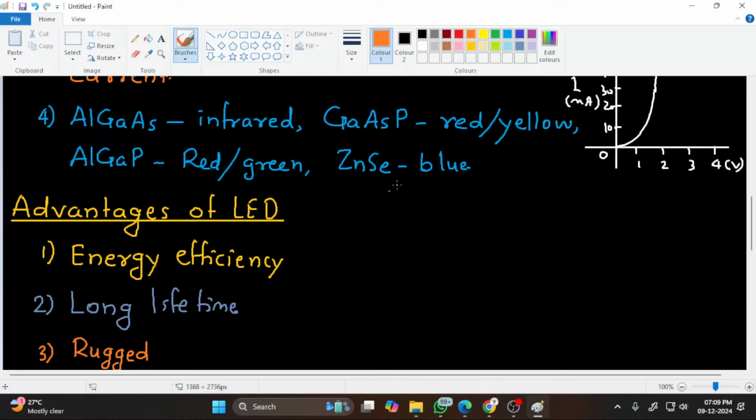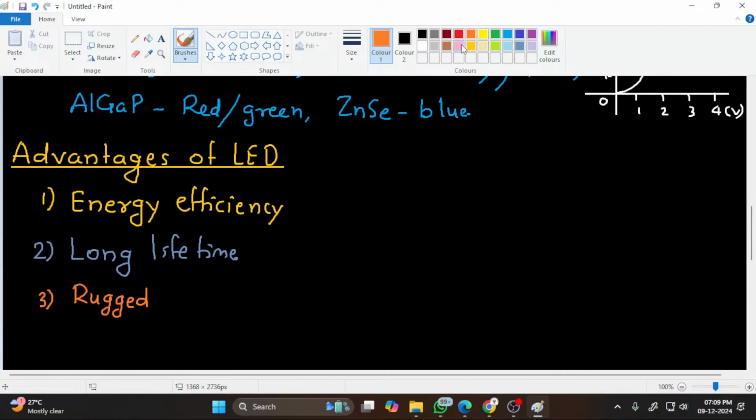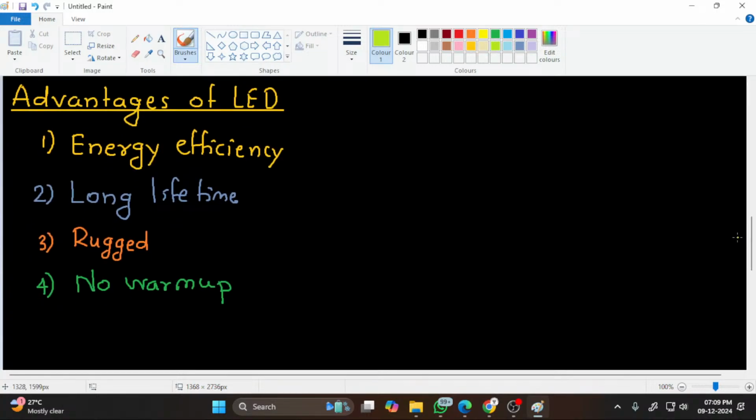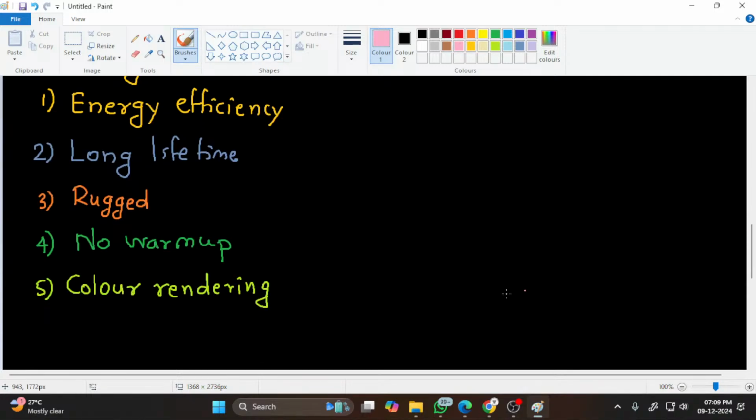Then no warm up, that means they do not get hot. Like our incandescent lights used to get hot and energy was spent in heating, these LED lights do not get hot. Excellent color rendering, that means different colors are available. Eco-friendly, environment friendly.